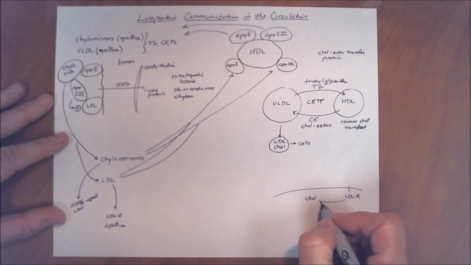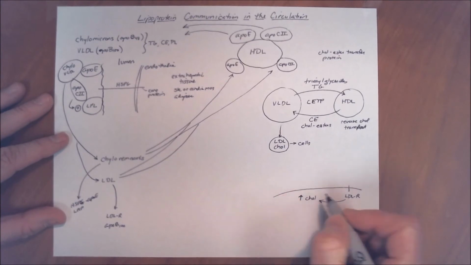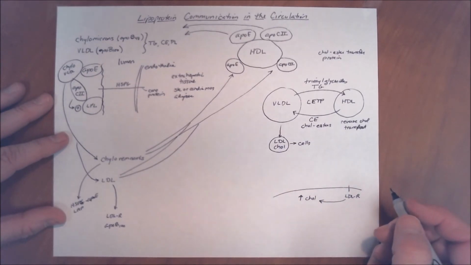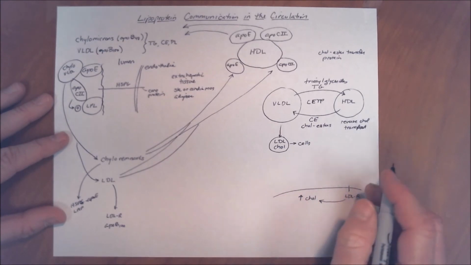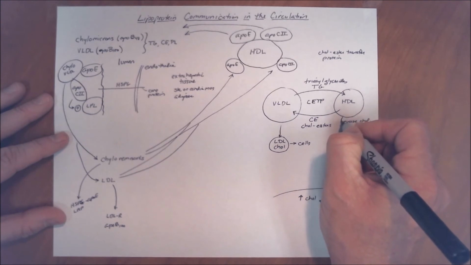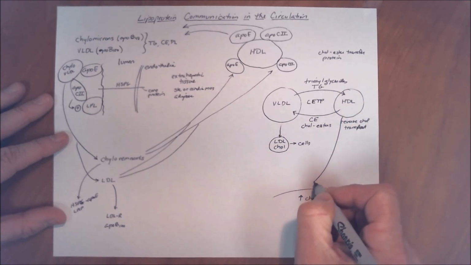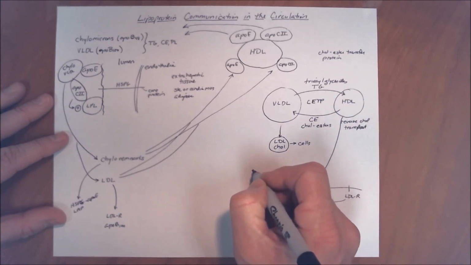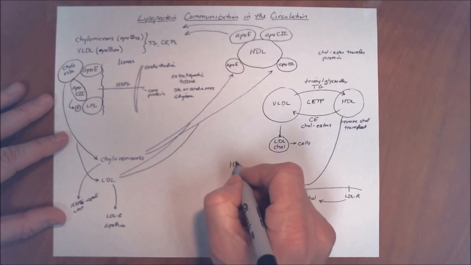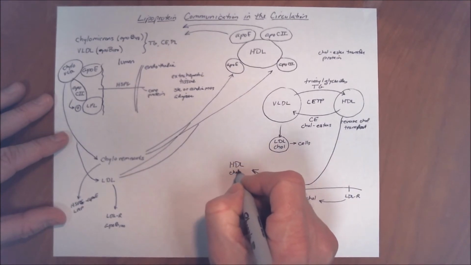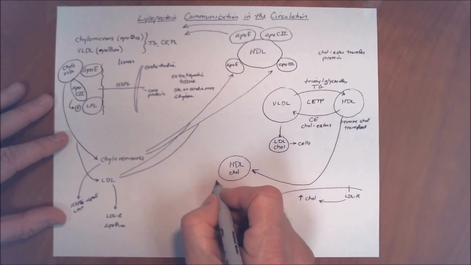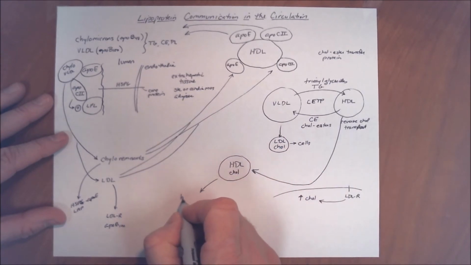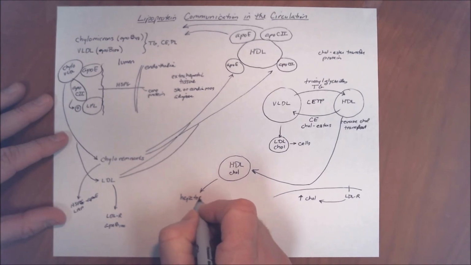And if sufficient cholesterol has been taken up for cells and we have excess cholesterol, this cholesterol can now be removed from the cell. And this is the job of HDL. HDL will pick up this extra cholesterol, ultimately delivering it to hepatocytes.